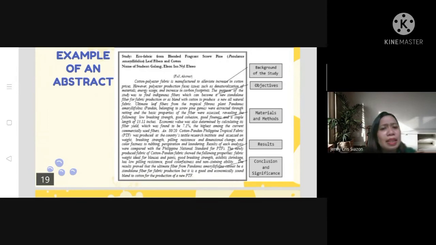So, in this research, the abstract is shown to us, which is composed of the background of the study, the objectives, followed by the materials and methods that were used, followed by the result and conclusion and significance. So, i-shorten mo lahat, no? I-shorten mo lahat ng ginawa mo sa research into an abstract form at hindi dapat sumobra sa 500 words. Kasi ito yung talagang pinaka-gist or the summary of your research.